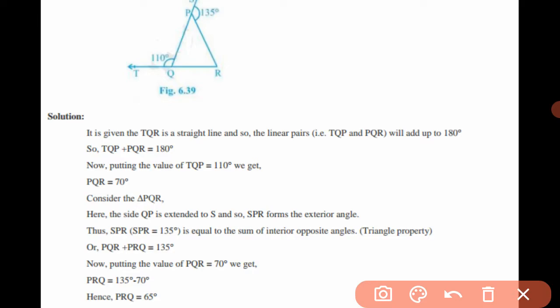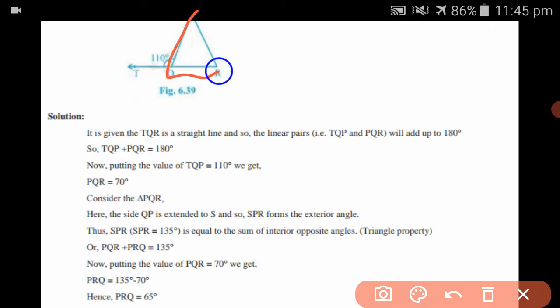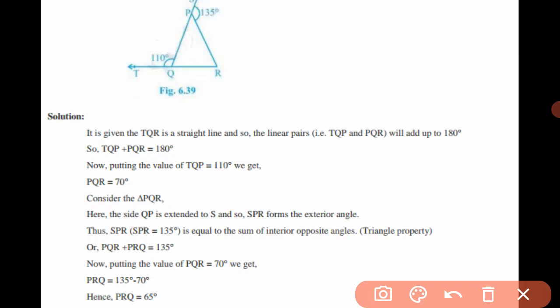Now we can take triangle PQR. In this triangle PQR we have to find the angle PRQ.